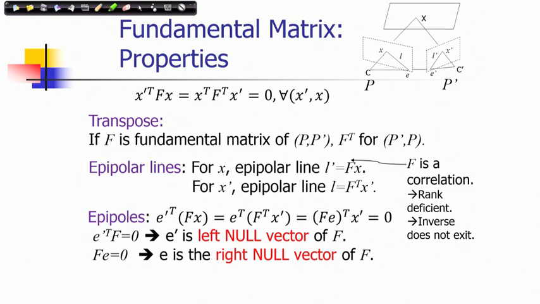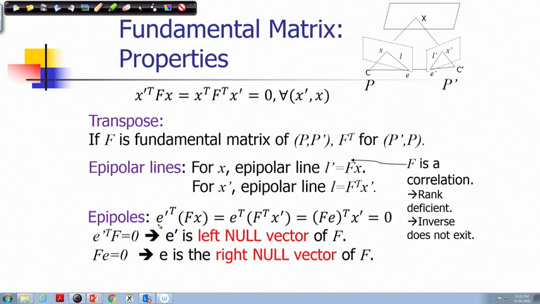In fact, epipoles always lie on an epipolar line, and they are the intersections of all epipolar lines, which is given by E prime transpose F x should be equal to 0, or E transpose F transpose x prime should be equal to 0. So, it is just denoting the point containment relationship of epipoles on their respective epipolar lines.